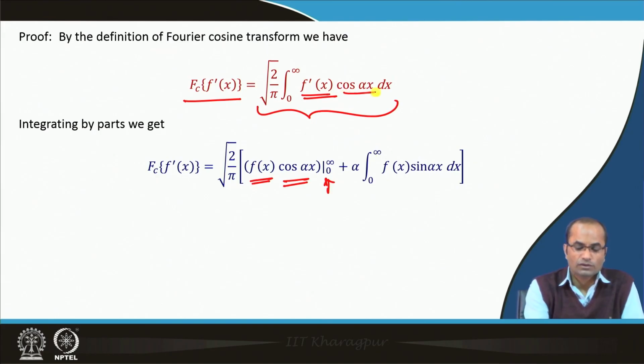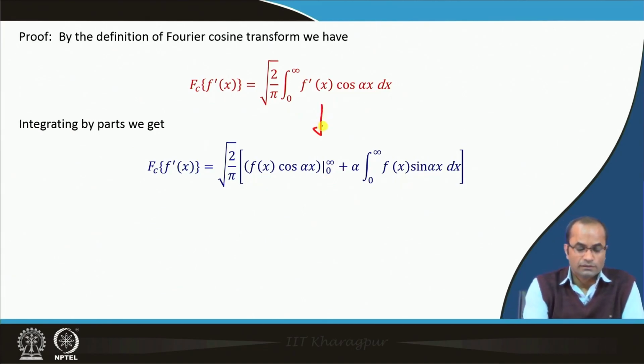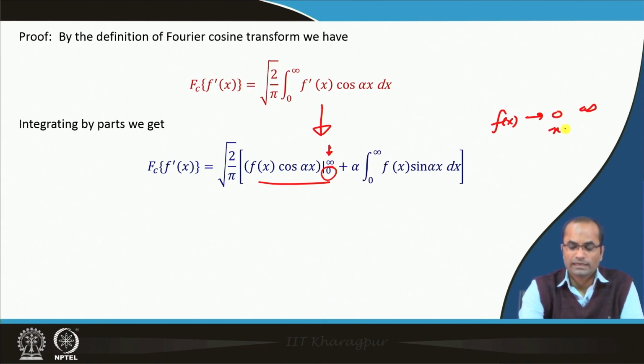Then cos(alpha x) after differentiation gives sin(alpha x) with a minus sign, and there was a minus sign already in the formula, so we have the plus there, and one alpha also comes as a result of this differentiation, and then we have f(x), which is the integral of f prime. We can substitute the upper limit in f cos(alpha x) and also the lower limit. We have already assumed that f(x) goes to 0 as x goes to infinity.